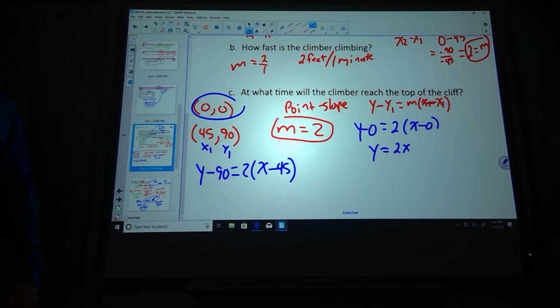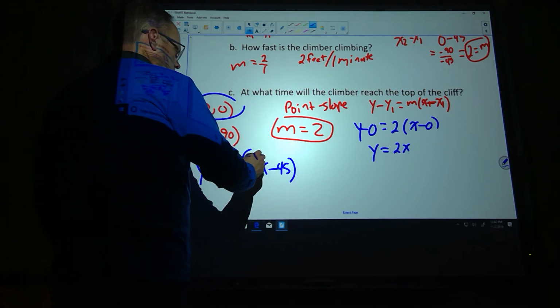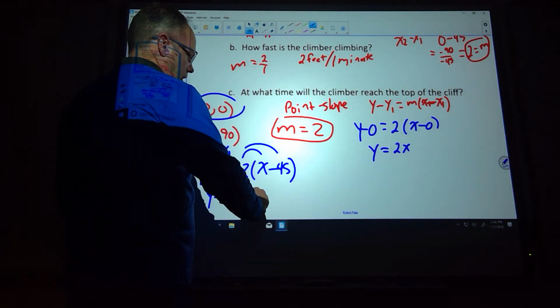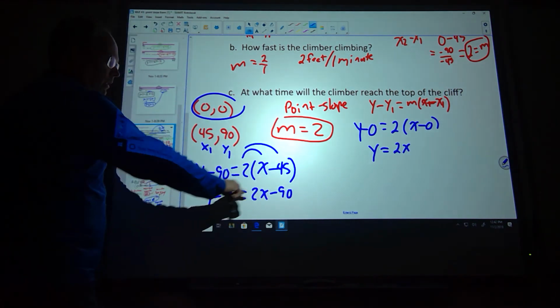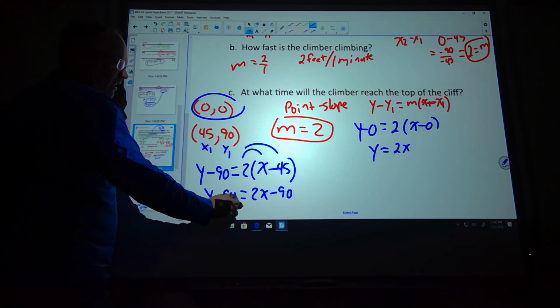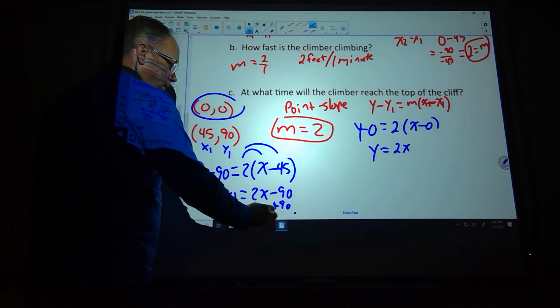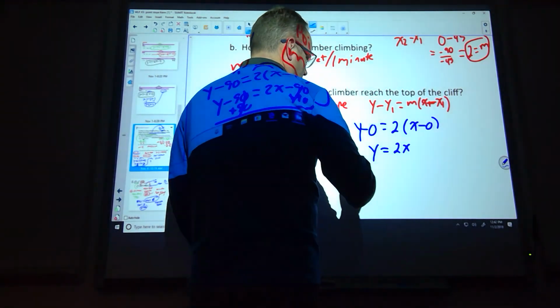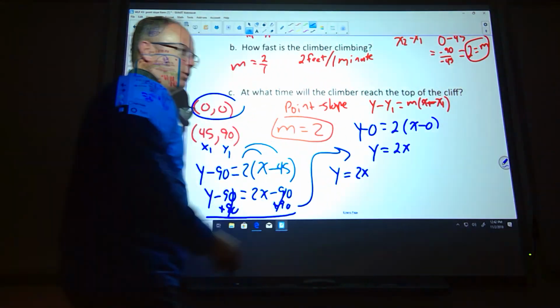Now you're sitting there going, it ain't the same as that. Oh, okay, let me solve this though. I'm going to distribute, so y minus 90 equals 2x minus 90. How do I bring that 90 over? Add it. If I add 90, I get y equals 2x. There's no way that y equals 2x is the same thing as y equals 2x.